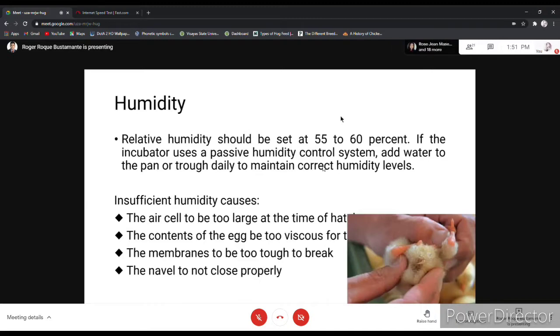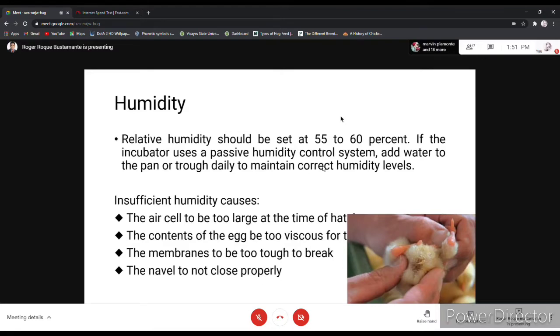So insufficient humidity causes the air cell to be too large at the time of hatching. The contents of the egg will be too viscous, and the membranes too tough to break.